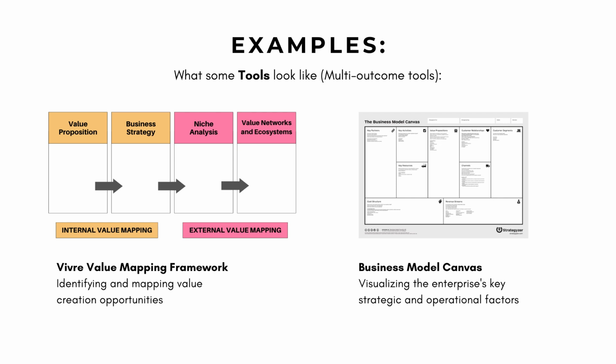The significant difference between single outcome tools and multi-outcome tools, once again, is that with single outcome tools, you're getting one specific answer, whereas with multi-outcome tools, you are getting multiple different bits of information that can equally be used and applied within your scenario or your situation.